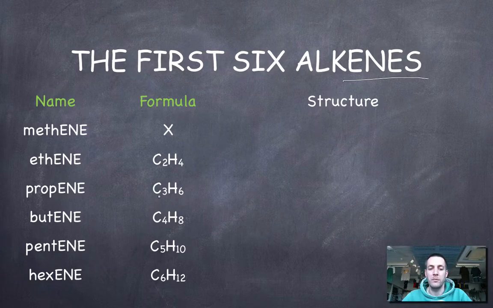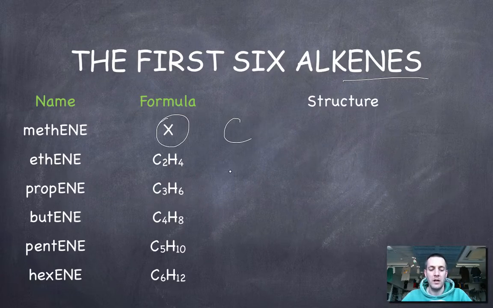And these formulas follow the rule of CnH2n, so the number of hydrogens is twice as large as the number of carbons. Why is there no methene? Well, because you have to have at least 1 carbon-carbon double bond, and if you have 1 carbon atom, because that's what meth means, then you can't possibly have a carbon-carbon double bond, can you?